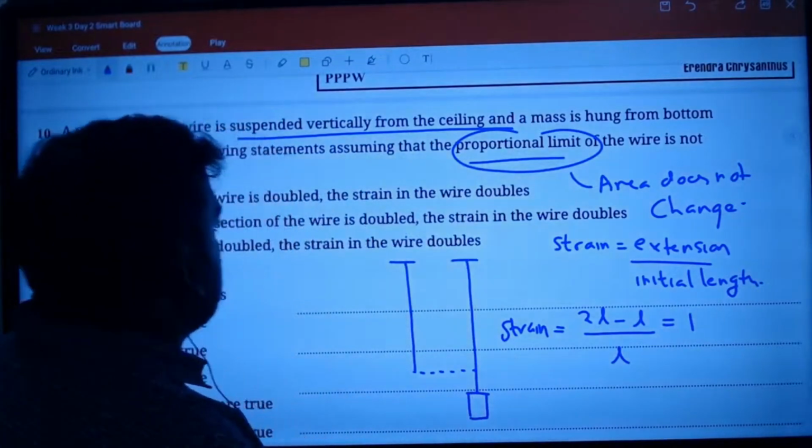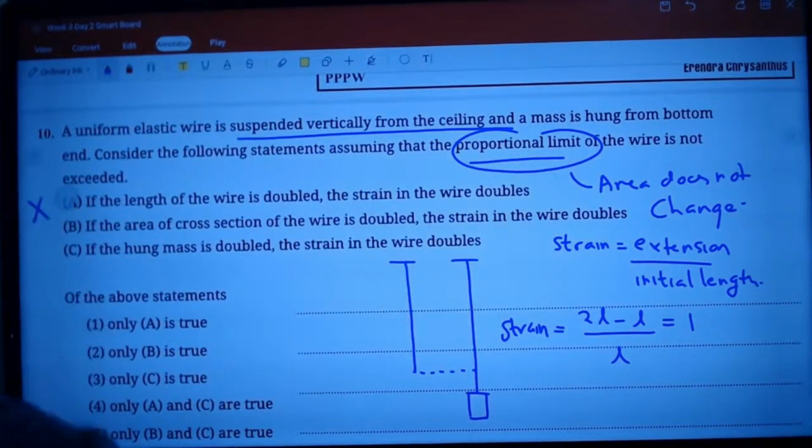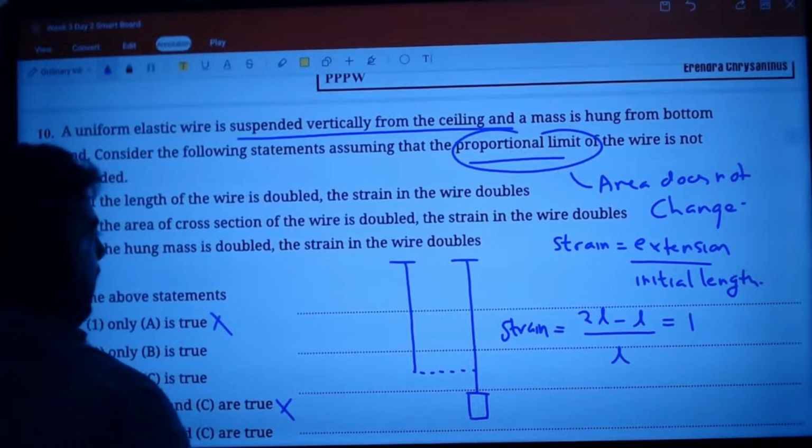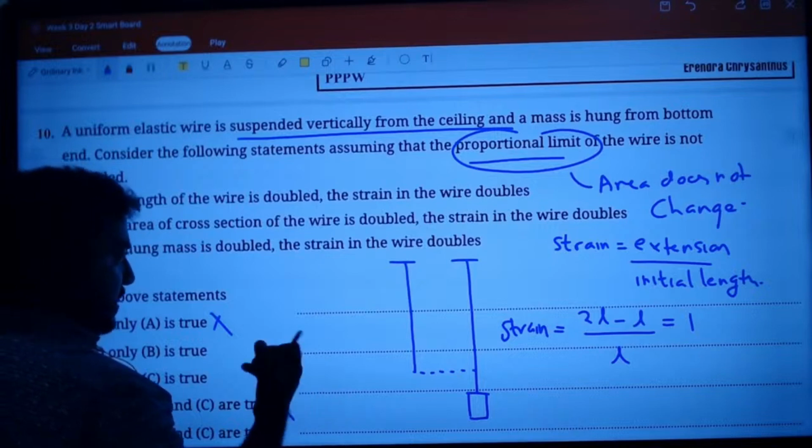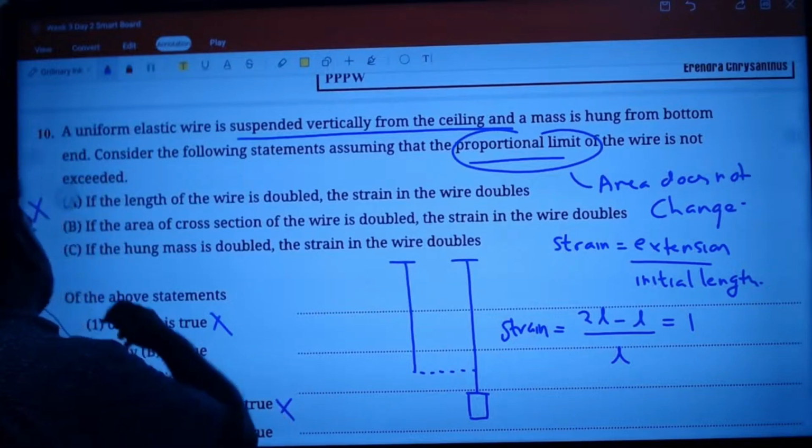Strain does not change. Statement A is wrong. If the cross-sectional area of the wire is double, the strain will double. Cross-sectional area has nothing to do with strain. Stress will reduce for the same force. So this is also wrong.